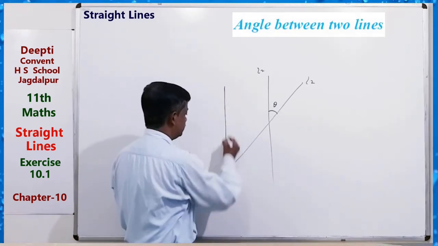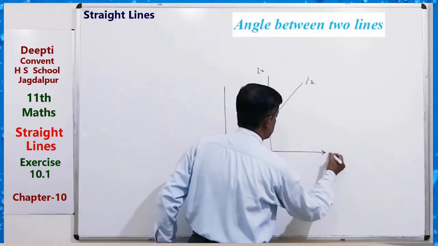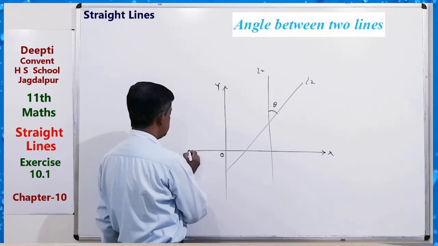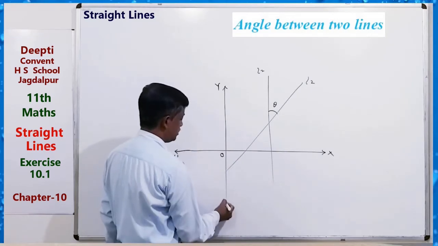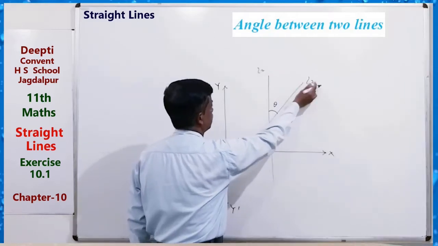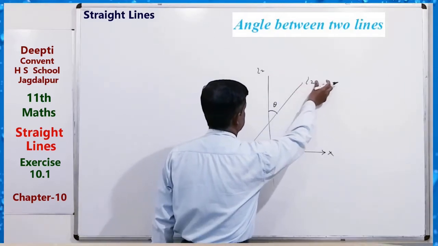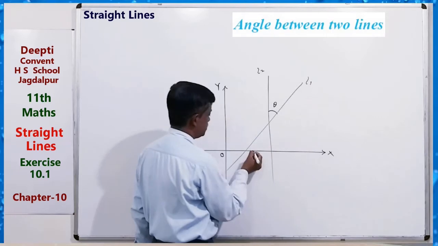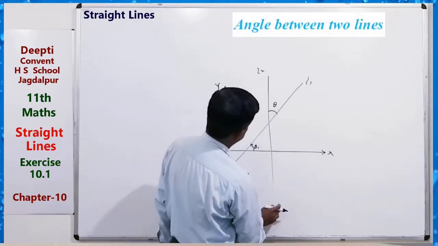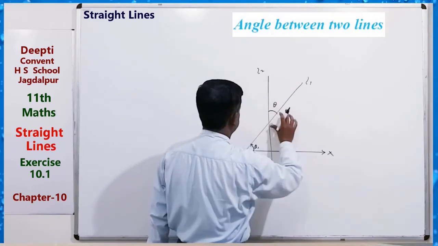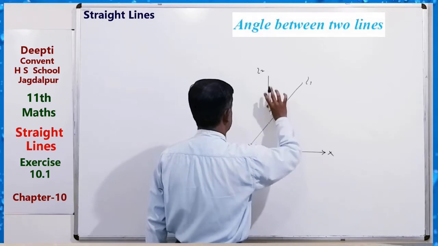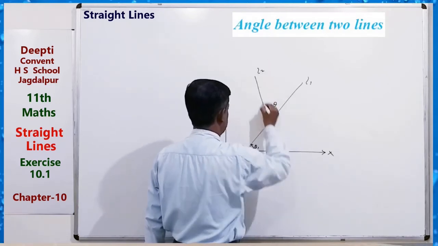suppose this is the x-axis, this is the y-axis, origin, x dash, here y dash, two lines are there. The first line is L1, so this is theta 1. The second line is this, not like this, suppose like this.